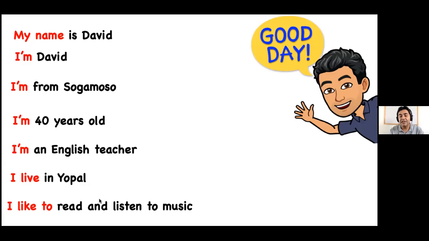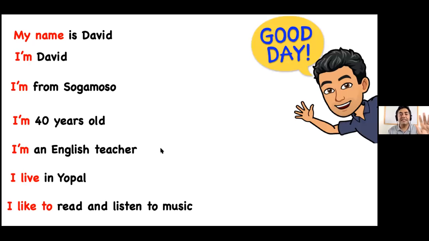I like to read and listen to music. So we use these sentences to introduce ourselves, to talk about you. These are the most basic, ¿sí? Son las más básicas que se utilizan para presentarnos en inglés. The most basic to introduce yourself in English.